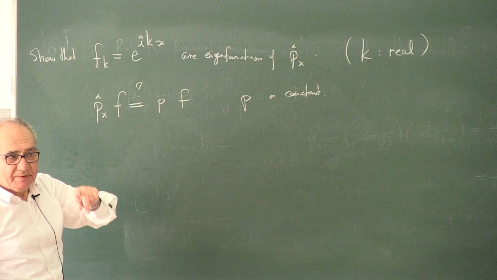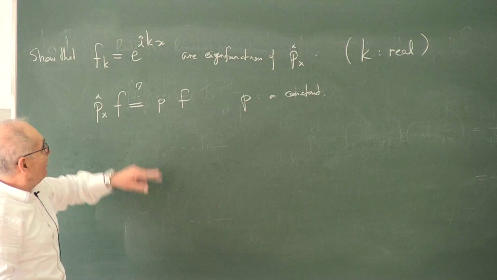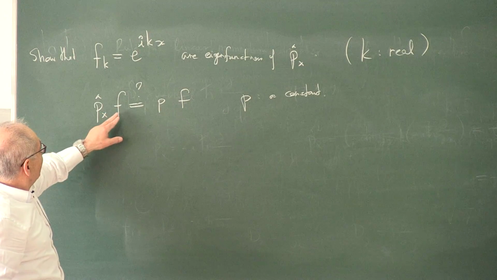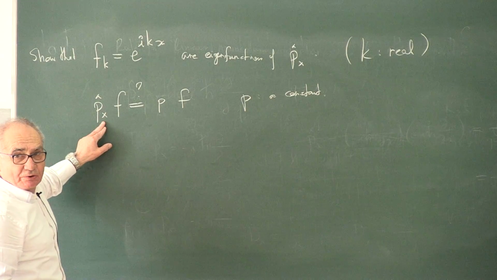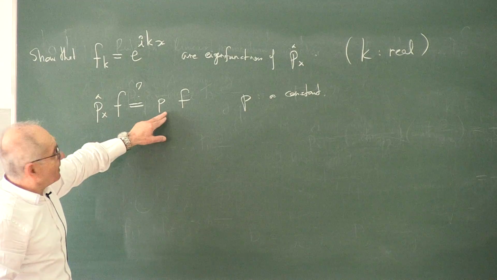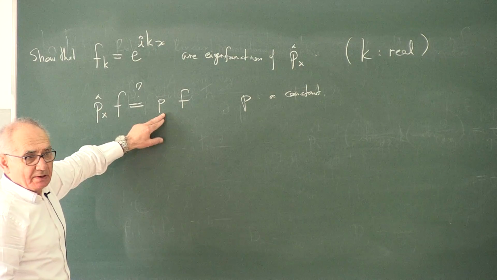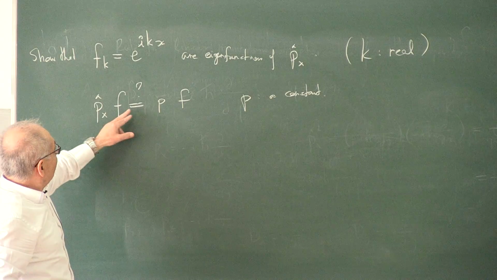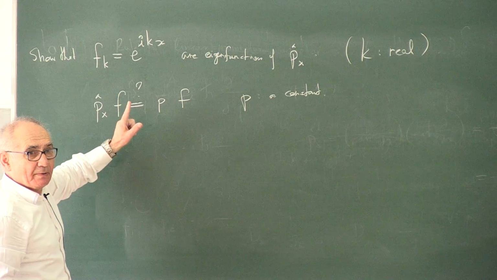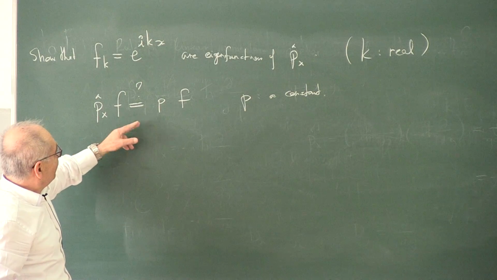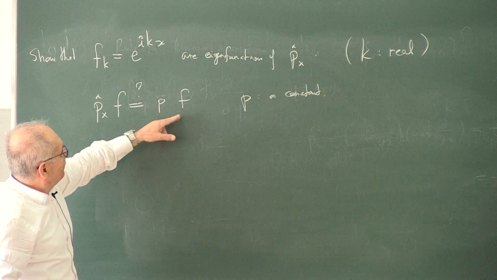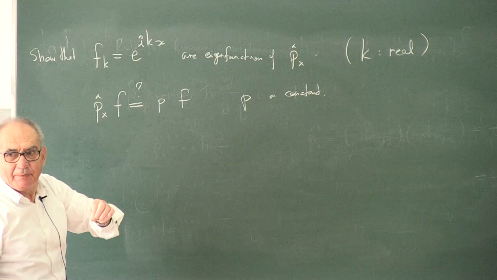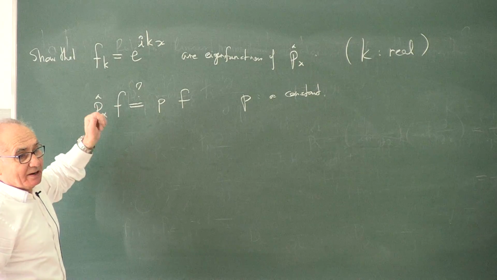There are just two answers, either yes or no. If the answer is yes, the expression is true. In that case, this function f will be an eigenfunction of p_x. And what will be the eigenvalue? This scalar symbol, p. Otherwise, if the answer is no, which means that after you apply p_x on f, you do not get the original f multiplied with a constant, then we are going to say f is not an eigenfunction of p_x.